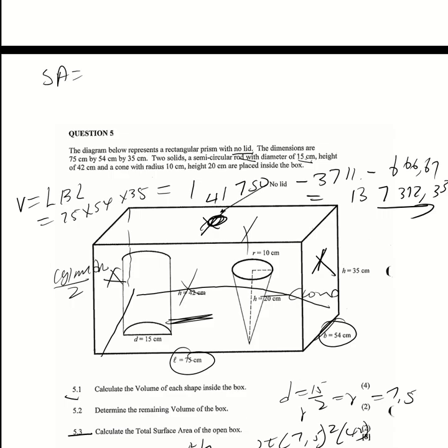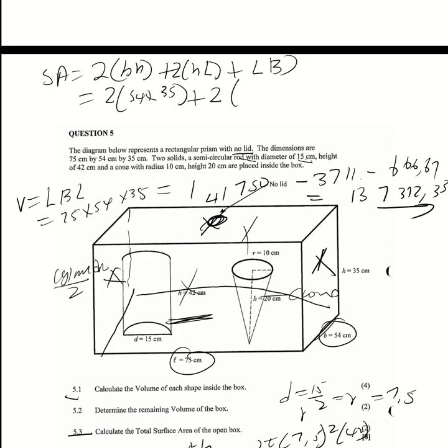So the surface area is 2 sides of B times height, plus 2 sides of height times L, plus one side, which is L times B. So this is 2 times 54 times 35, plus 2 times 35 times 75, plus 75 times 54.